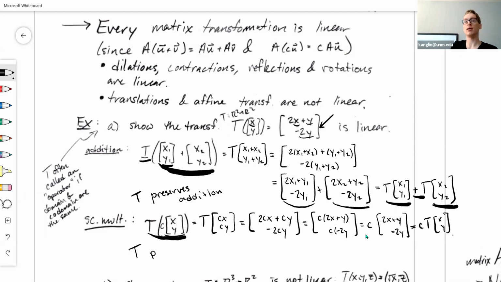The image of the scalar multiple is the scalar multiple of the image. So T preserves addition. Okay. So this is what we mean when we say check that it's linear, right? Check that it preserves addition and, not addition again, scalar multiplication.